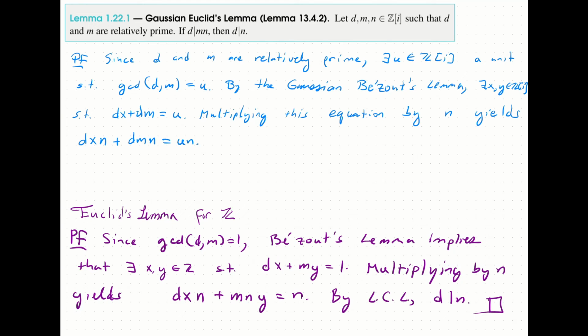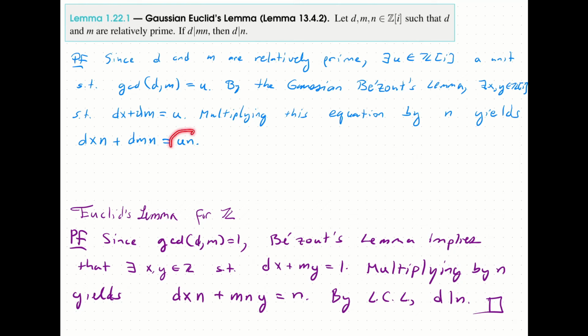But now we have a bit of a problem because we can't do exactly what we did before, because now we have by linear combination lemma that d divides n times u. And so what we are going to do so we can get d divides n is to multiply. There's two things we can do.